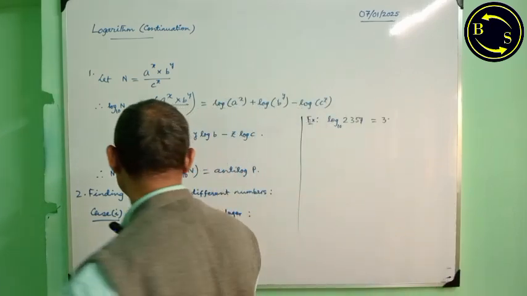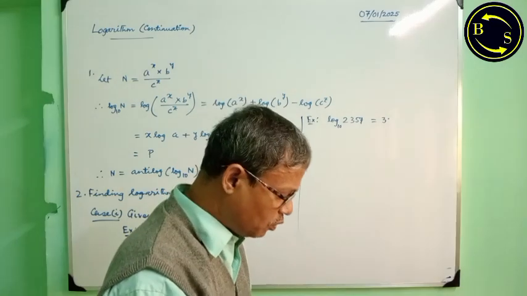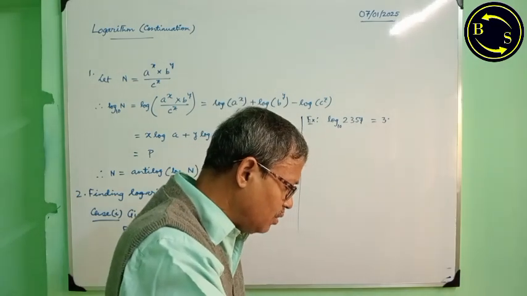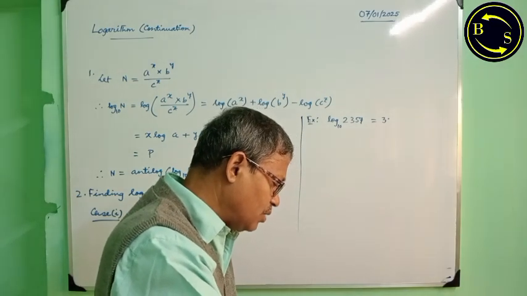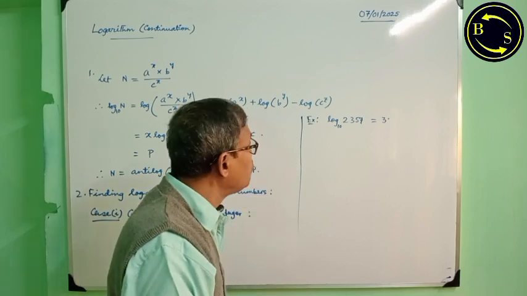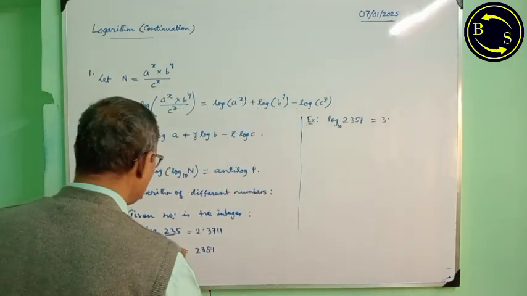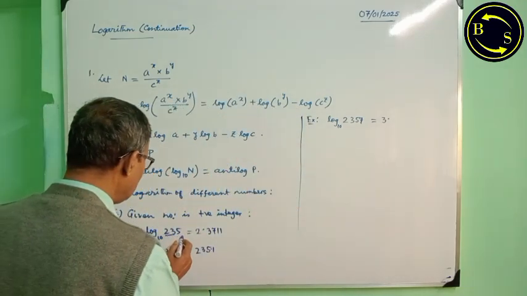Now for finding the logarithm of this number, we move to the log table and see the row headed by 23. Already we have seen 23 and 5.